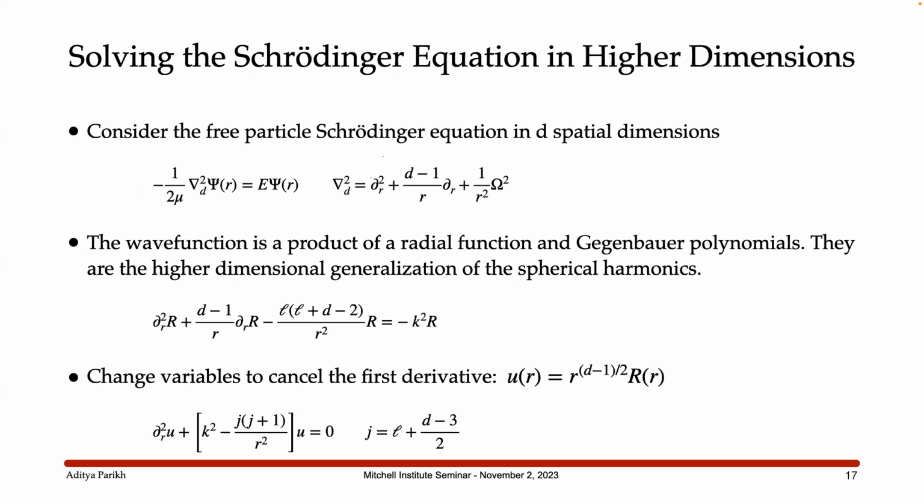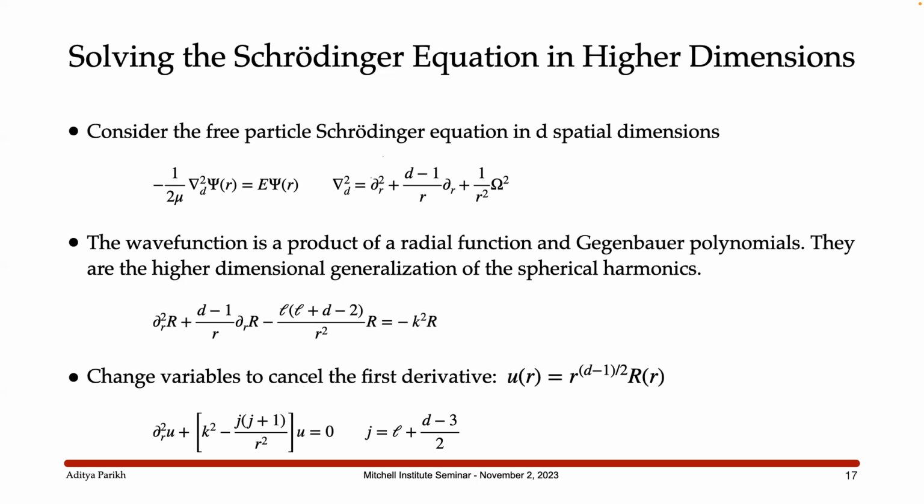And if you solve it, what you end up finding is that instead of doing a radial function times spherical harmonics, which is what we're used to in 3 plus 1D, in arbitrary dimensions, that becomes still a radial function times these things called Gegenbauer polynomials, which are basically just higher dimensional generalizations of the spherical harmonic.